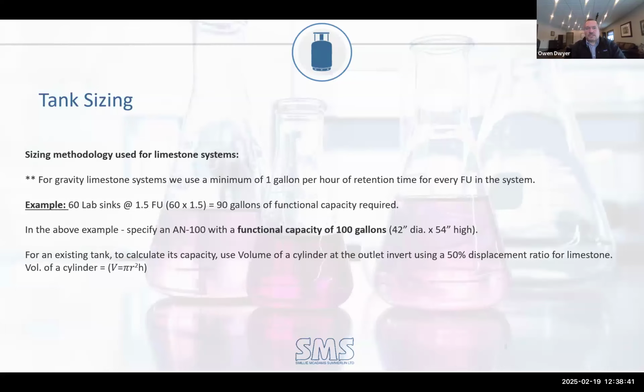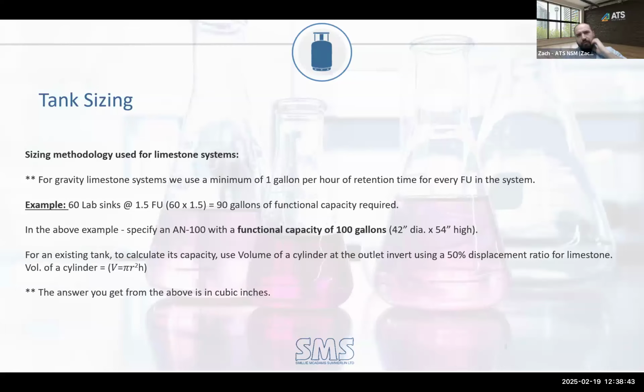How much liquid can it actually hold? And that is one of the common issues as this equipment is specified. It's one of the very straightforward pieces: match your gallons of storage to a unit. But not all the manufacturers list their functional capacity as their model number.